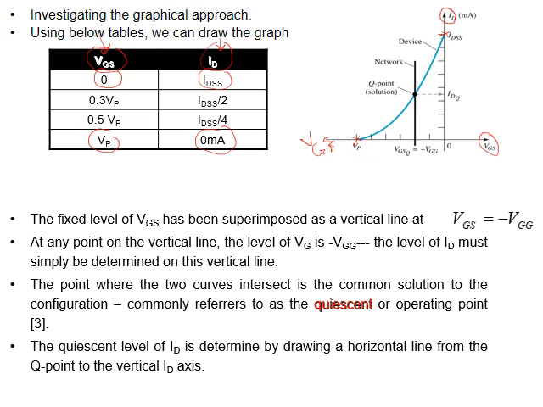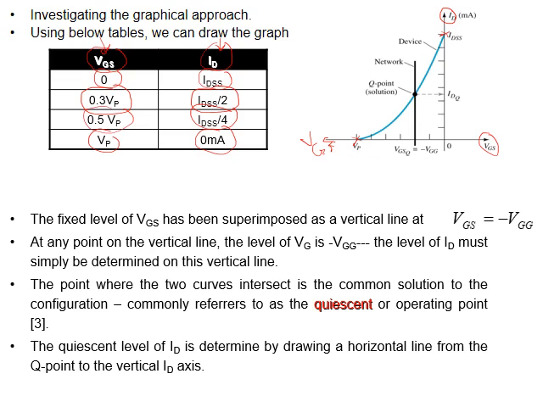Now we need 2 more points. The first one is when ID is IDSS over 2, then VGS is 0.3 VP. And when ID is IDSS over 4, then VGS will be 0.5 VP. These are the points we need to remember and use in the table.